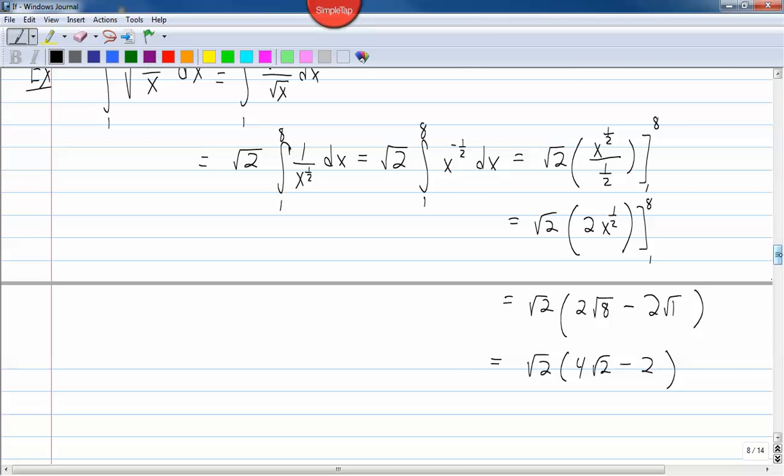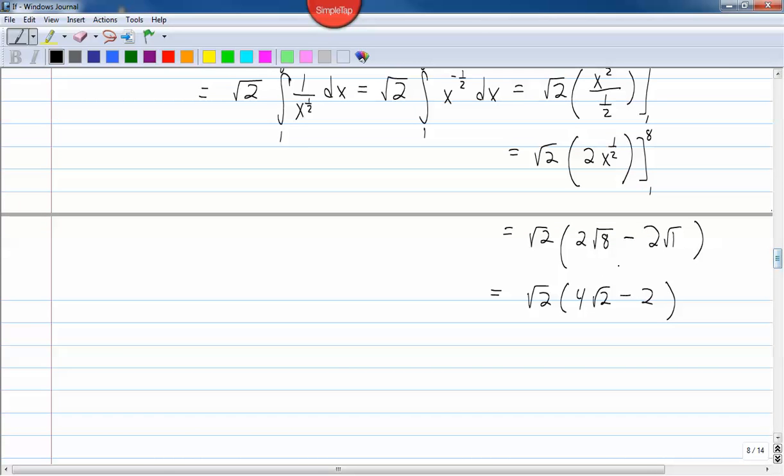I wouldn't say that's the most correct answer, because I can still factor something out of that. I can factor out a 2, right? So that's 2 square roots of 2 times, that would be 2 square roots of 2 minus 1.